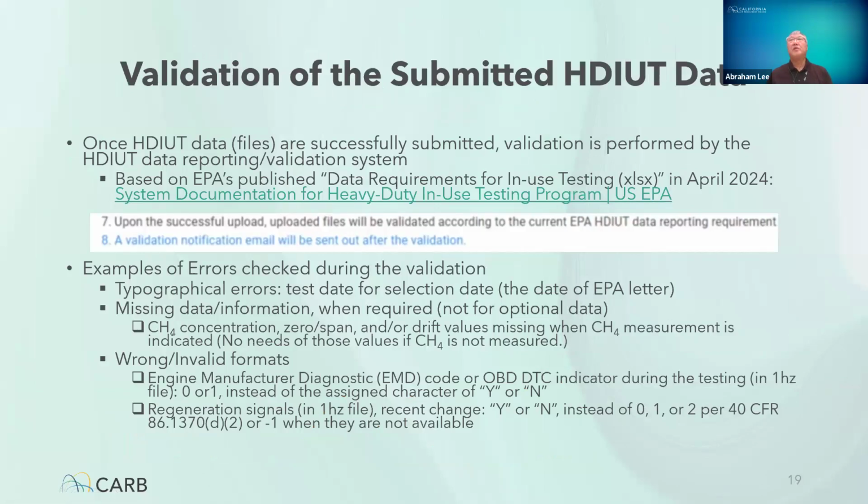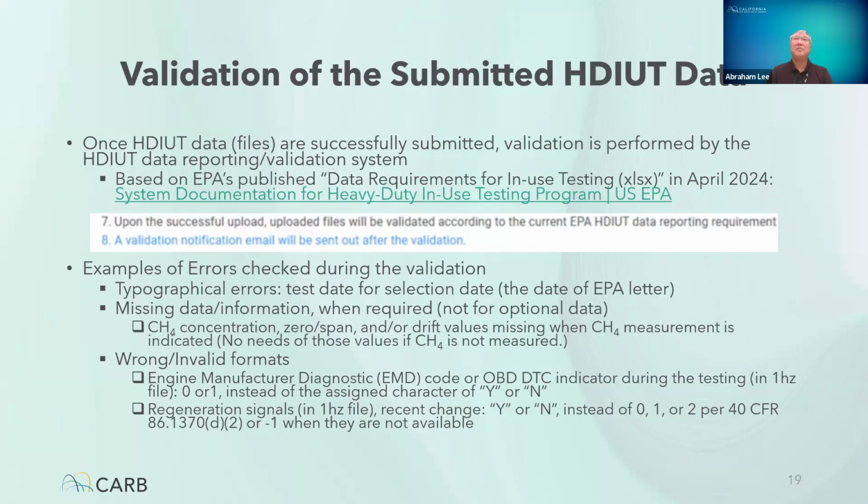Now, after you successfully submit, you get the email notification as well as the HMS website notification. Then the system, as mentioned in the slide 14, 7 and 8 notes, will take place, which means the HDIUT data files successfully submitted will go through the validation process.